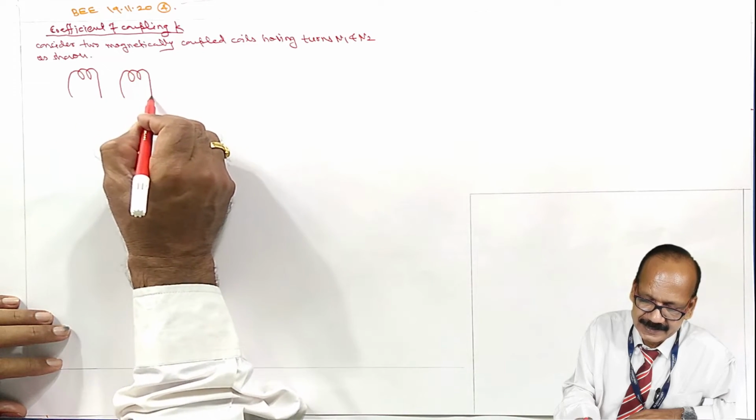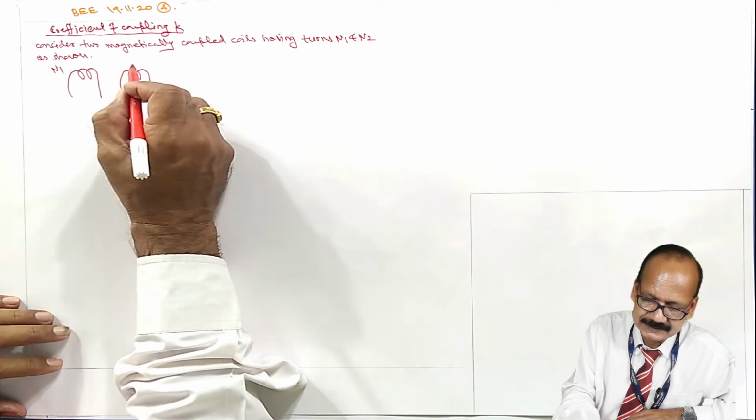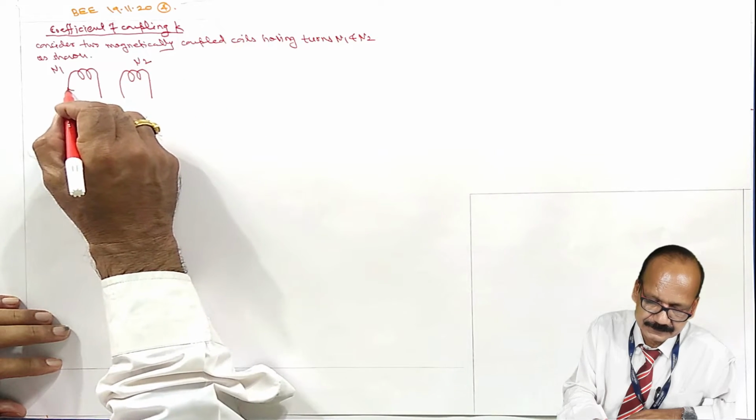These two coils are magnetically coupled, having turns N1 and N2.